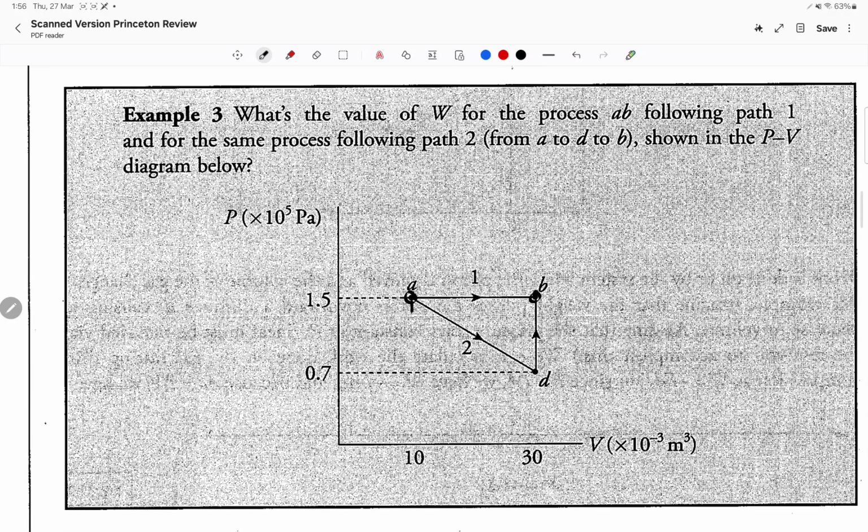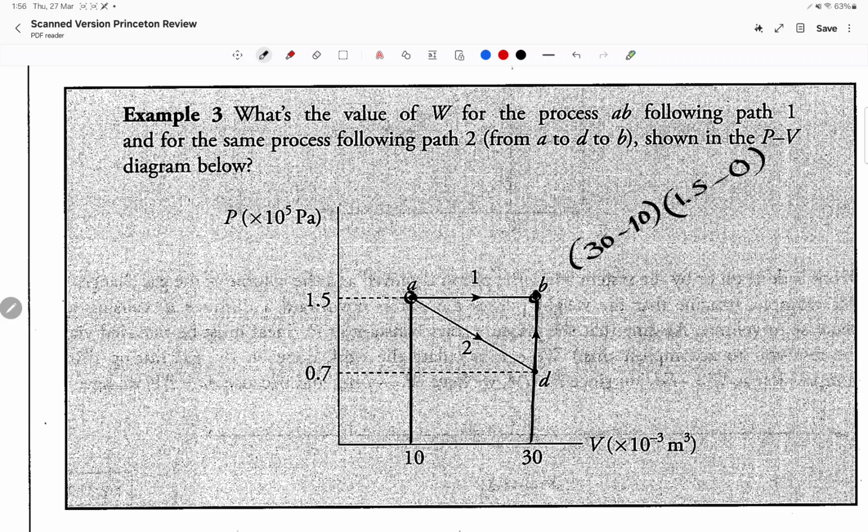That means you will drag the points to the x-axis, and you will simply find the area of the shape, which is a rectangle. So you're going to do the base, which is 30 minus 10 times the height, which is 1.5 minus 0, right?